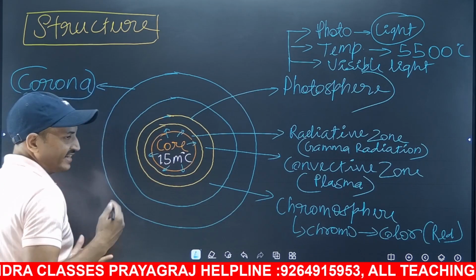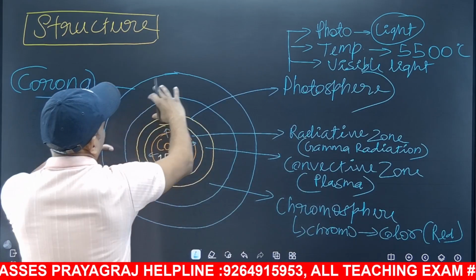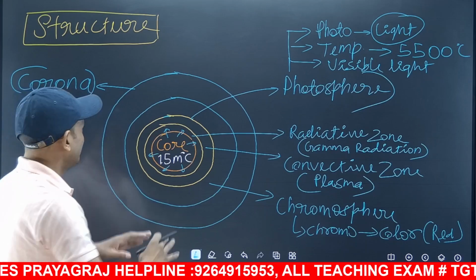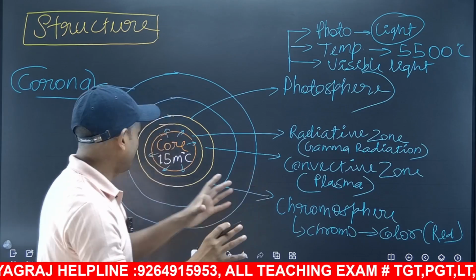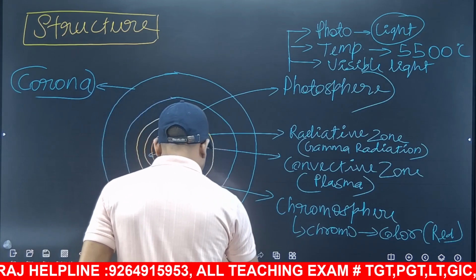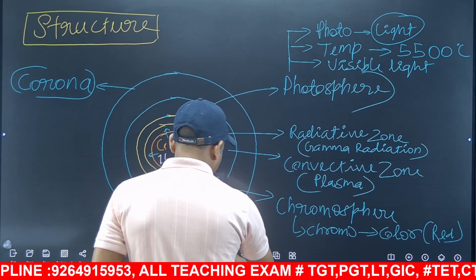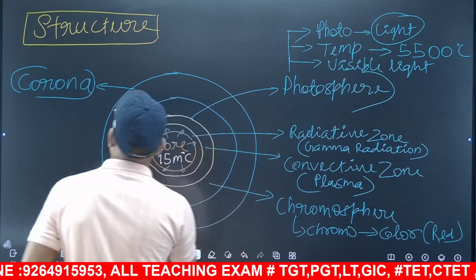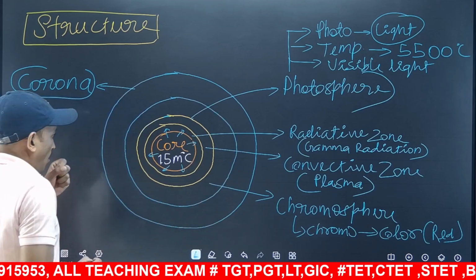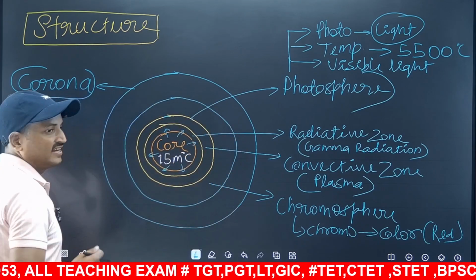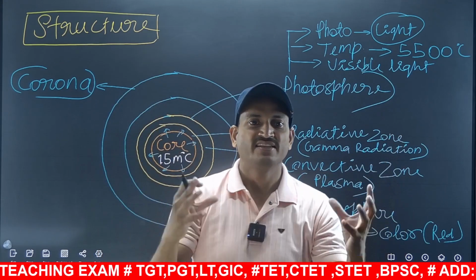Corona is a Latin word which means crown. During total solar eclipses, this outermost layer looks like a crown of the sun, glowing extremely white, like a crown all around the sun. ये sun का जैसे crown हो चारों तरफ से, ये crown की तरह दिखती है.